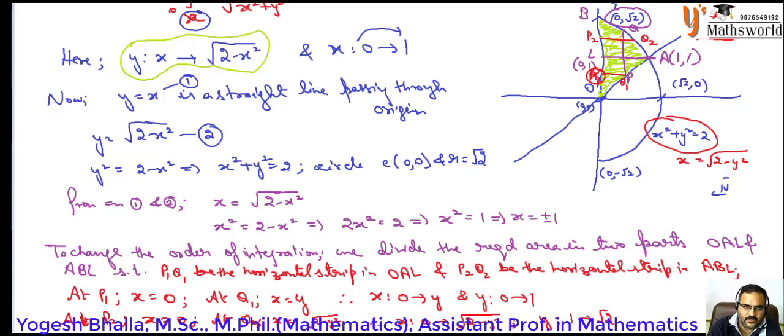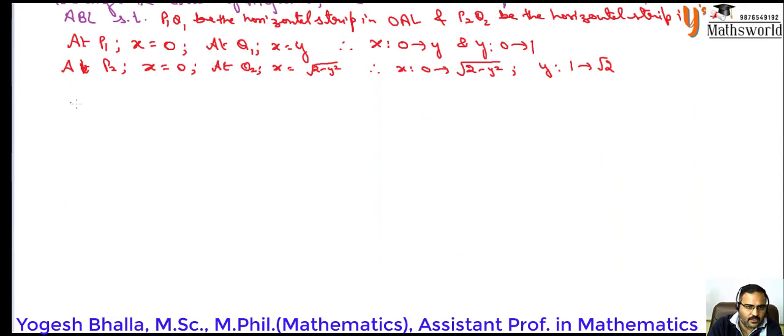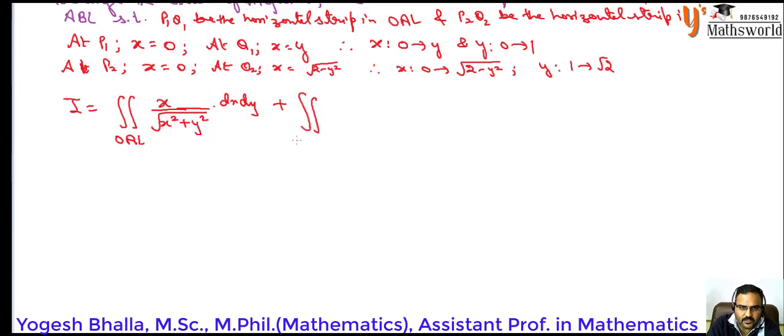Okay, so the given integral is divided in two parts. The first one will be the integral over OAL of x over root of x square plus y square dx dy, plus the second, the integral over ABL of x over root of x square plus y square dx dy.